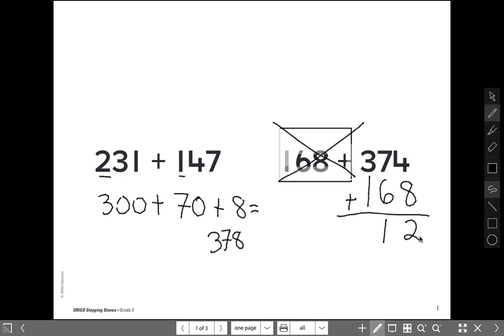Because 7 plus 6 is 13. So 7T plus 6T is 13T, or 130.